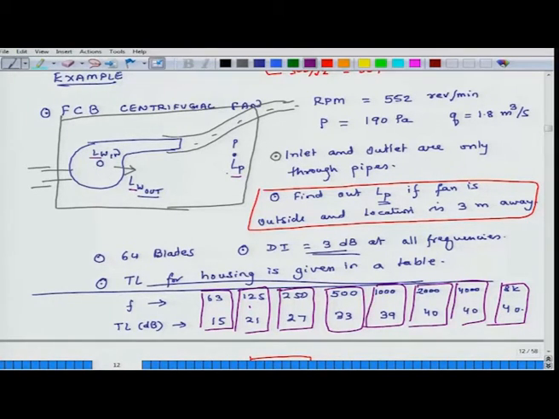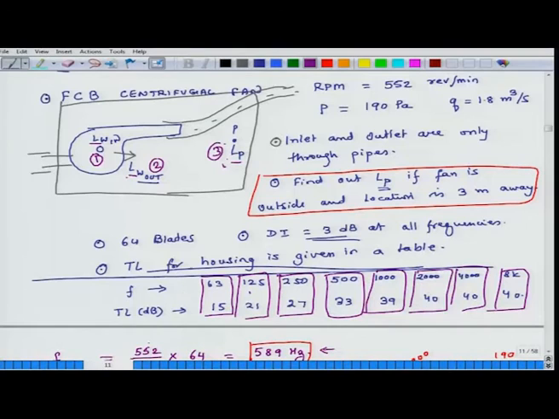Our path is from here to here to here. This is step 1, this is step 2, this is step 3. This is our final goal, because the question says find out LP. First we have to compute LW in, then LW out, then LP. So now you know how to compute LW in. Now we will do LW out.